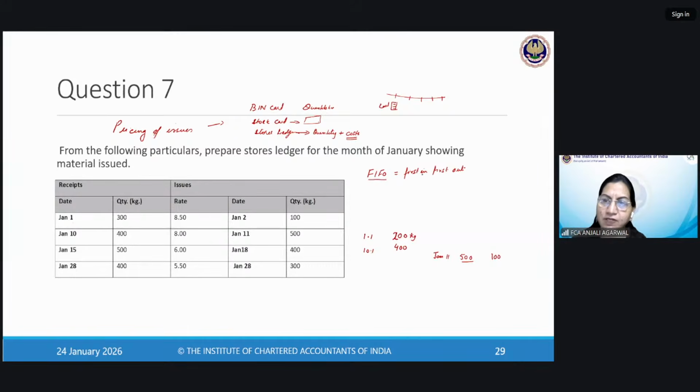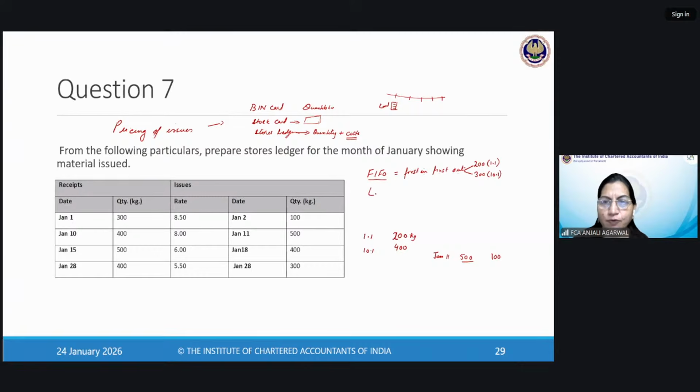FIFO says first in, first out. So as per FIFO, this will be 200 units from 1st January, first in, first out, and the remaining 300 will be from the lot which we received on 10th January. Right, first 200, then 300.